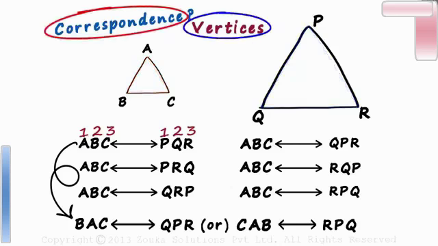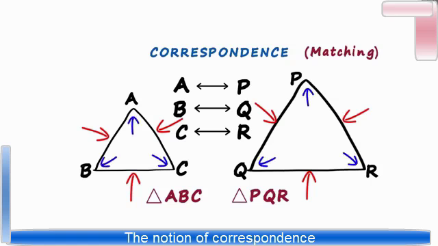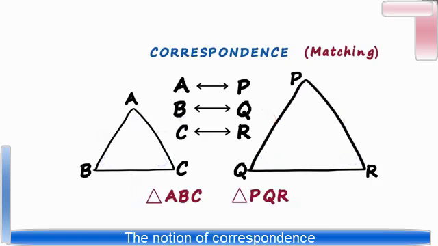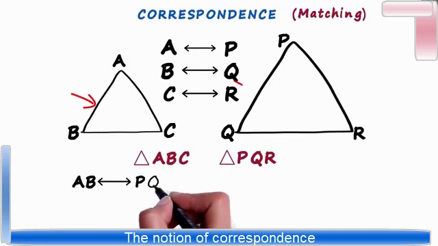Correspondence between vertices also explains correspondence between sides and angles. Even the sides and the angles of each triangle will correspond to each other. Look at side AB. It corresponds to this side of the other triangle. But does it correspond to PQ or does it correspond to QP? Since vertex A corresponds to vertex P and vertex B corresponds to vertex Q, side AB will correspond to side PQ.